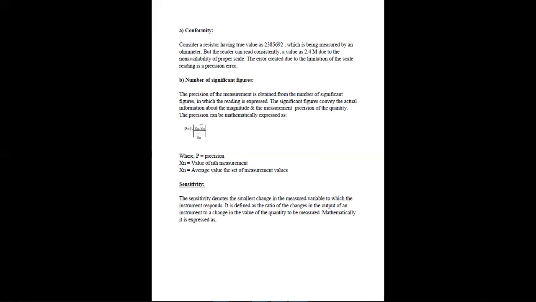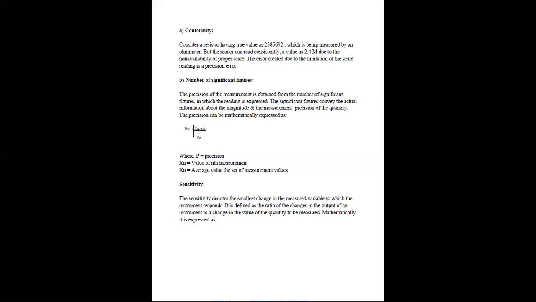Means this is a digital meter, and if the meter shows only one significant digit after the decimal point, then due to that the error will be caused. This is called precision error. This is your conformity. Next one is number of significant figures. Means after the decimal point, how many significant digits we are considering, this is your number of significant figures.